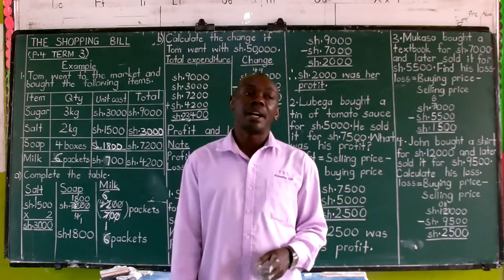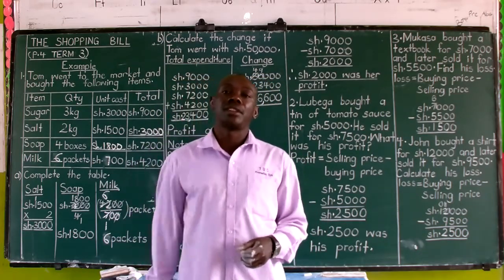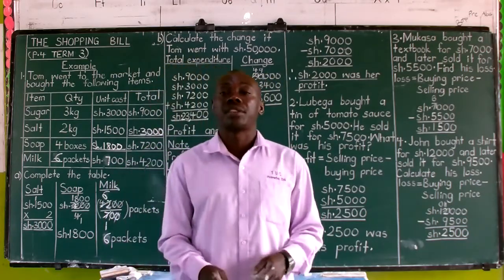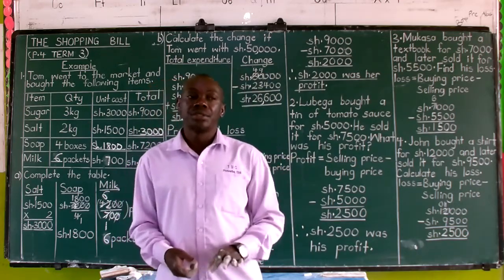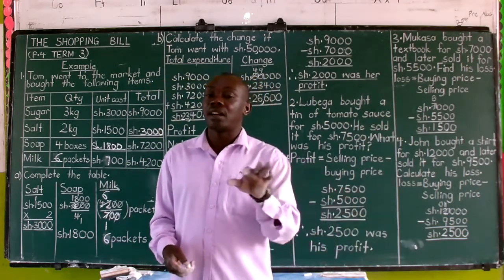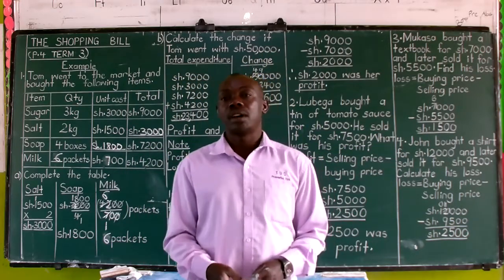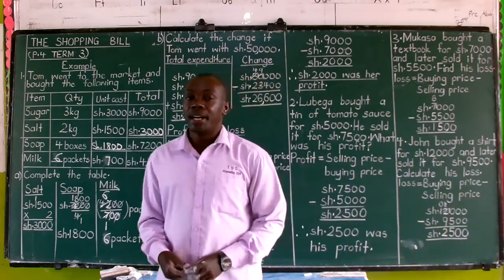So this time the buying price is higher than the selling price. He bought a book at 2,000 shillings and sold it at 1,700 shillings only, so he's losing 300. That 300 shillings is the one termed as a loss. So loss equals buying price minus selling price.